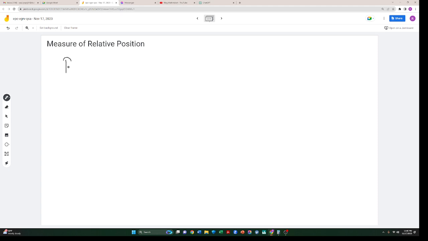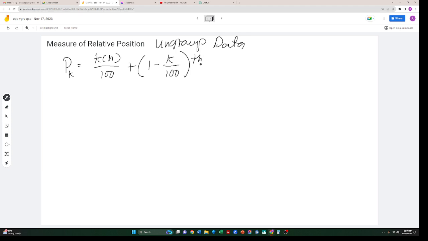So, again, to find the percentile of ungrouped data, the formula is k times n divided by 100 plus 1 minus k over 100, then the position. Or it can be k times n divided by 100 plus 100 divided by 100 minus k over 100 times n to the power of th, which is the position. Okay, this is the formula of the percentile.